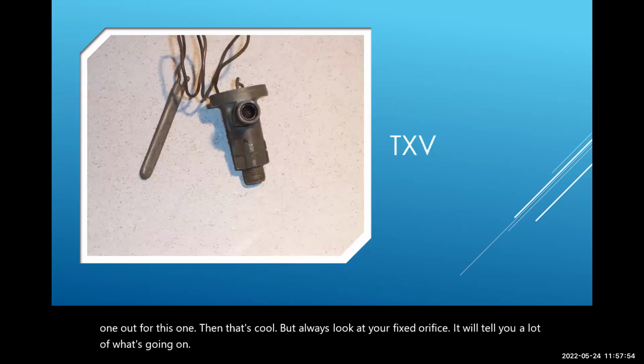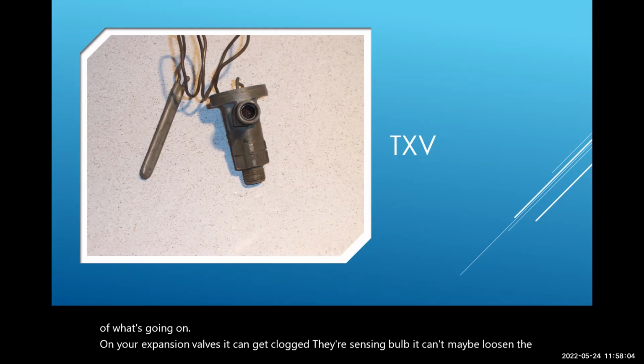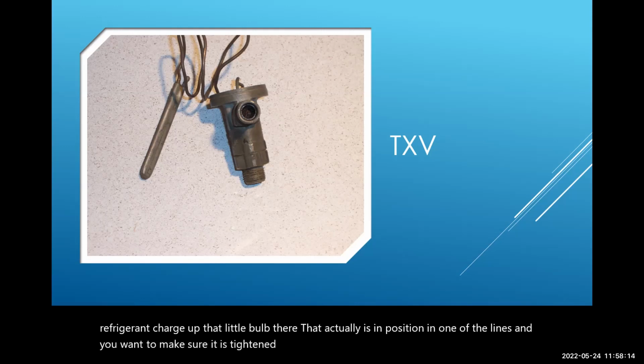On your expansion valves, it can get clogged. The sensing bulb can maybe loosen the refrigerant charge. That little bulb there is positioned on one of the lines, and you want to make sure it is tightened down correctly. Usually there's a set of clamps that you clamp it down with, or it clips into.